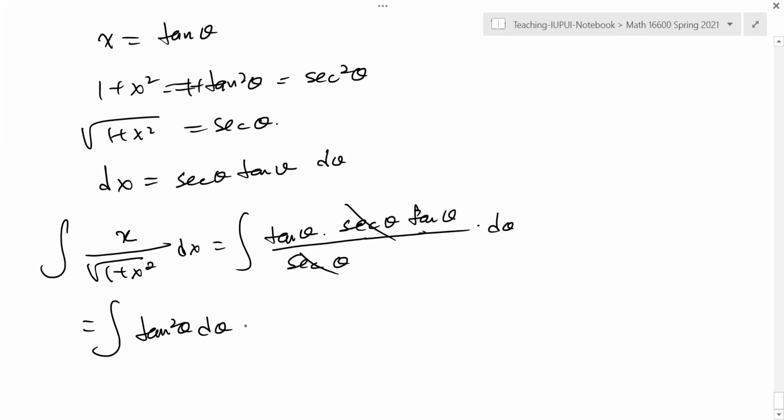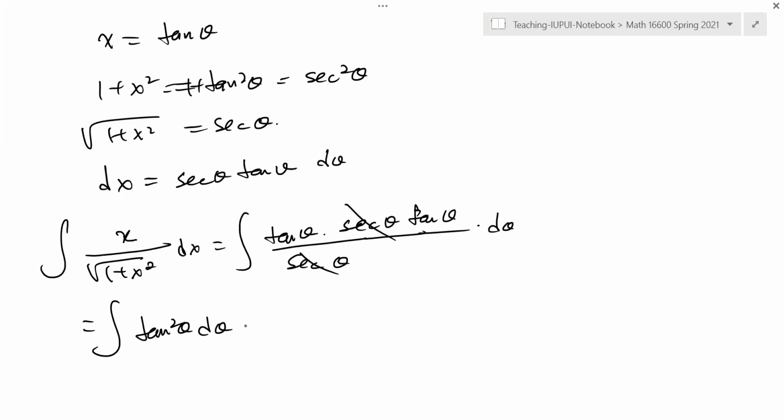Tangent square theta, how can you do that, right? Is there any other derivative equal to tangent square theta? So it's getting more complicated.